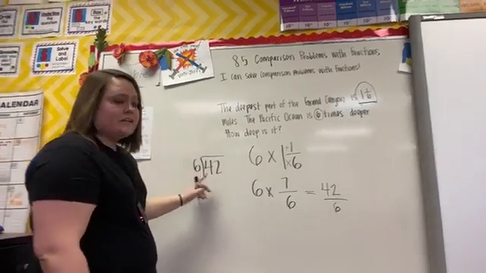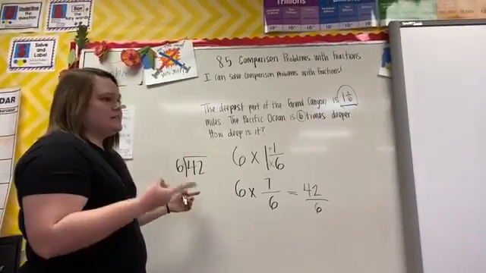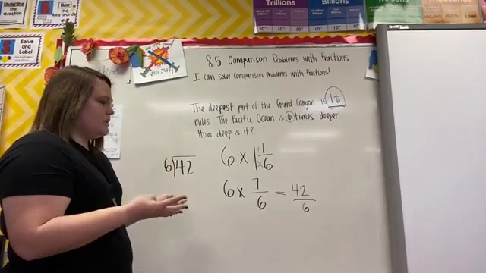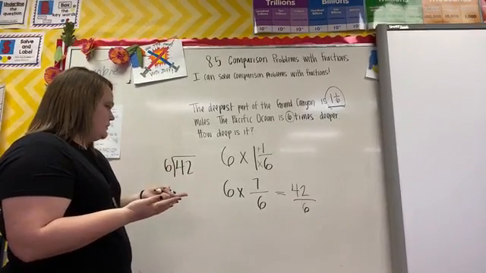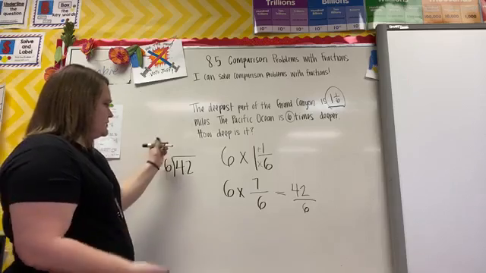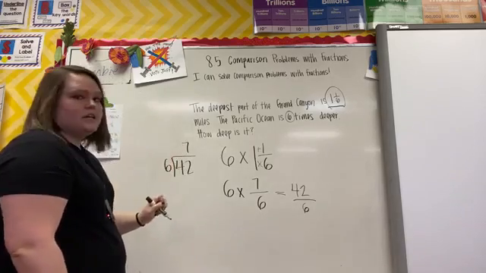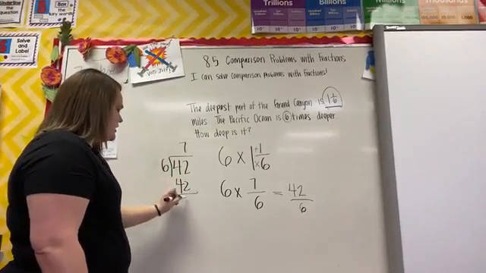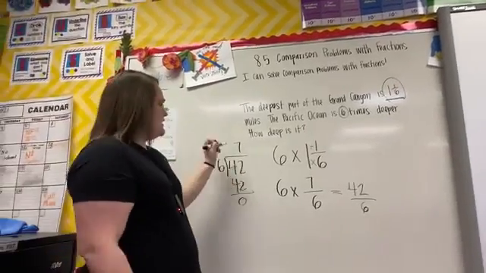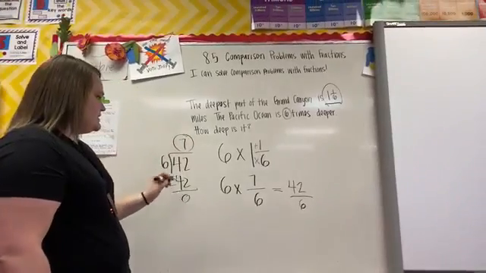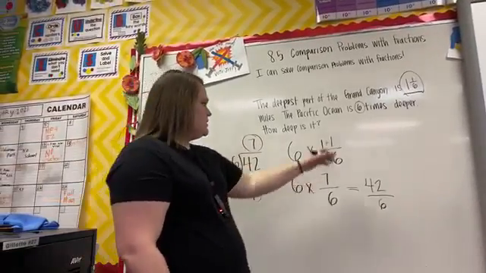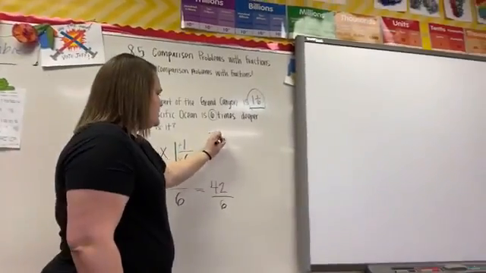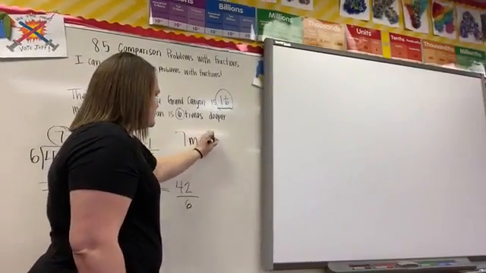Okay, 6 can go into 42, 6, 12, 18, 24, 30, 36, 42. So it can go in 7 times. 6 times 7 is 42, and it's even. Yay. So it is 7 miles deep. So my answer is 7 miles.